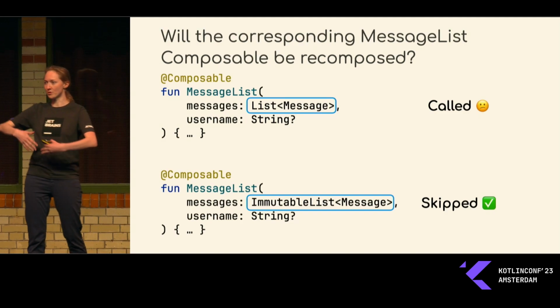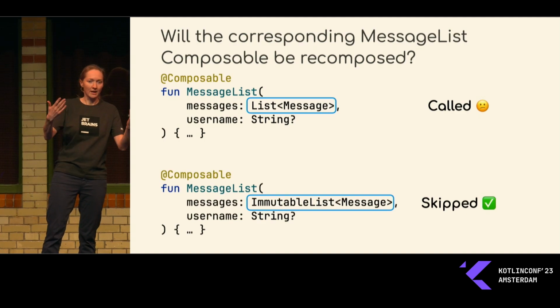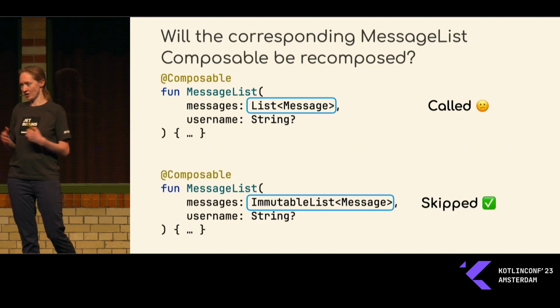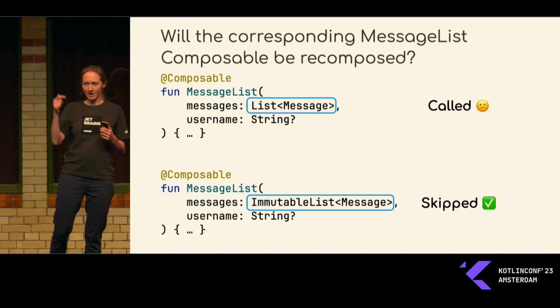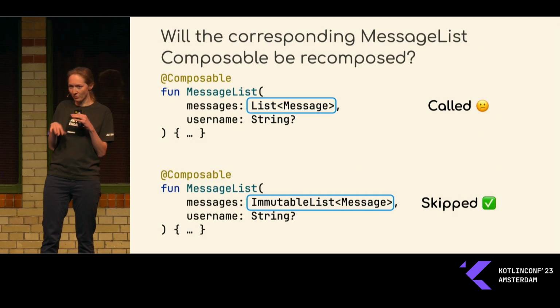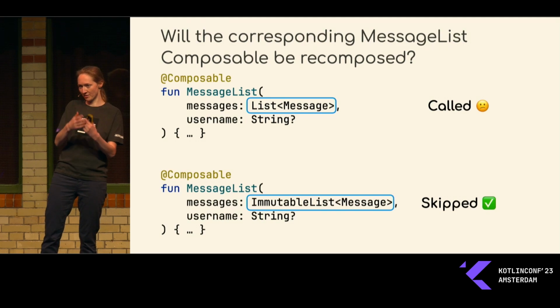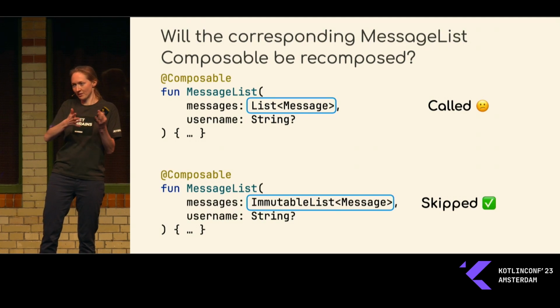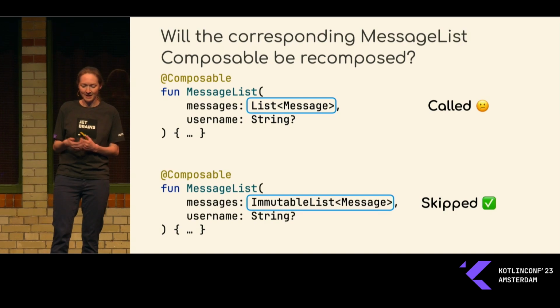It will call this function even if the messages haven't changed. So when we have these new events from the user, it will still recompose the messages. We would expect it won't, but if it's just a regular list, it still recomposes.